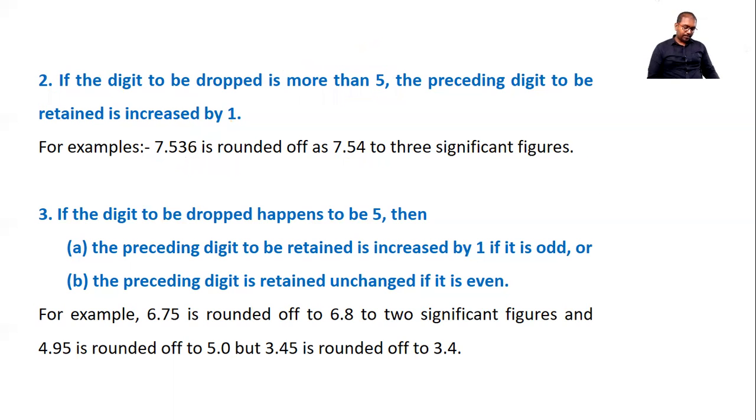Now the next rule. If the digit to be dropped is equal to 5. If it is less than 5, then we retain the preceding digit. Greater than 5, then we increase the preceding digit by 1. But if it is equal to 5, then what happens? For that, two cases are there.